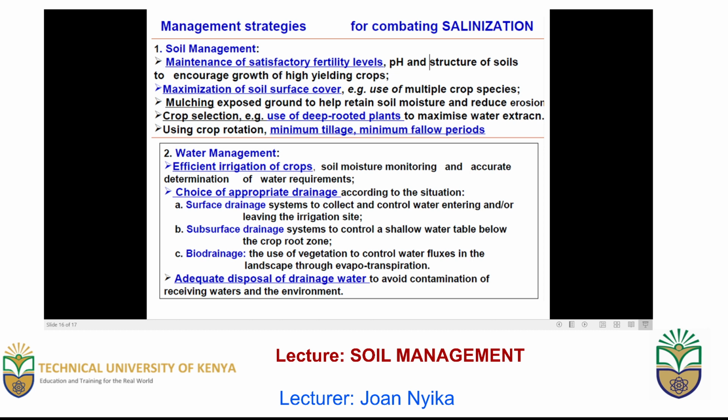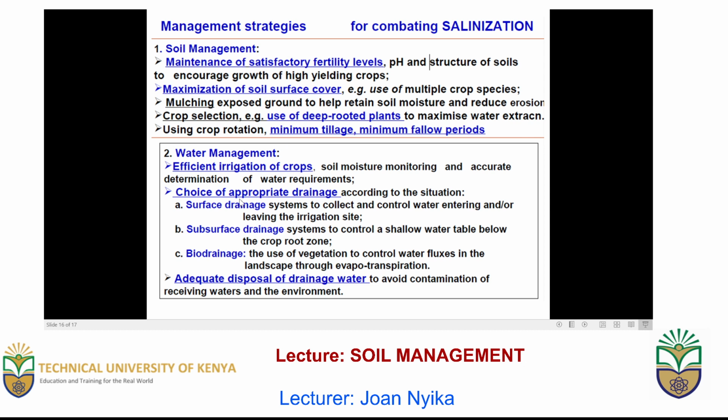And what is the function of deep-rooted crops? Deep-rooted crops help in ensuring that the soil structure of plants is maintained, and they also ensure that the water table is lowered. There is also minimum tillage, the use of fallows, and crop rotation. These we have seen in the past.